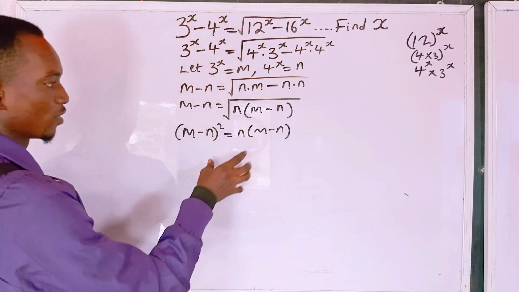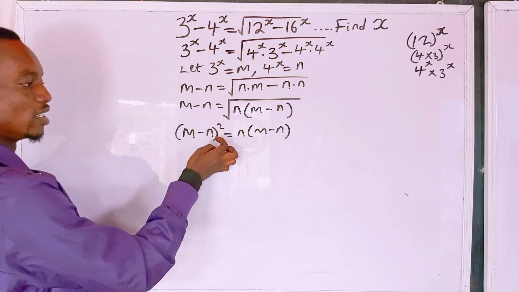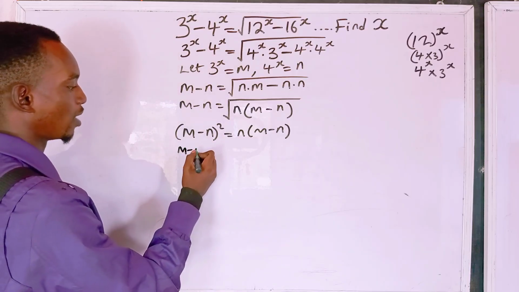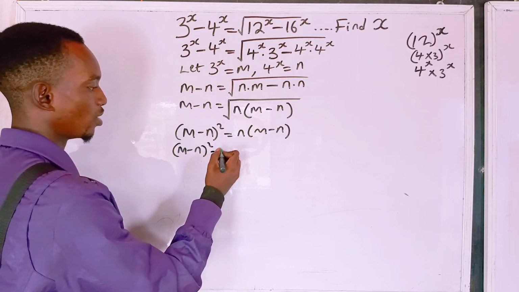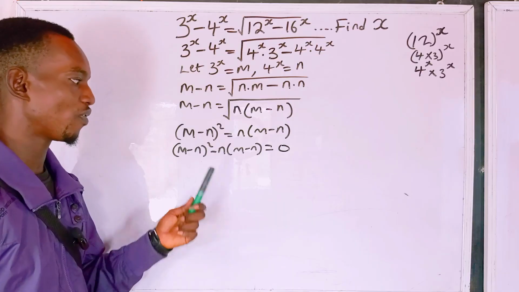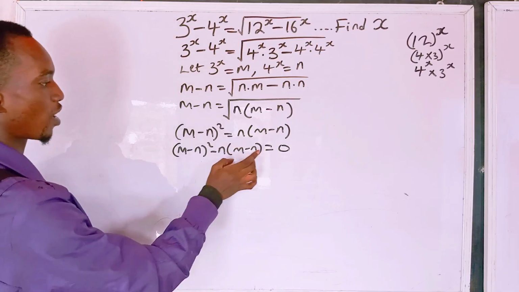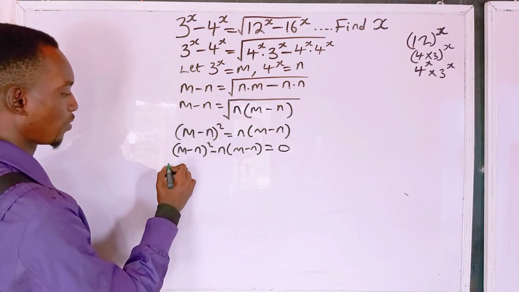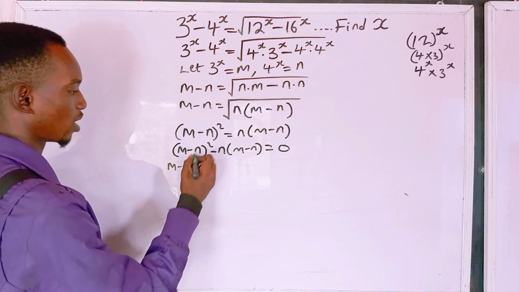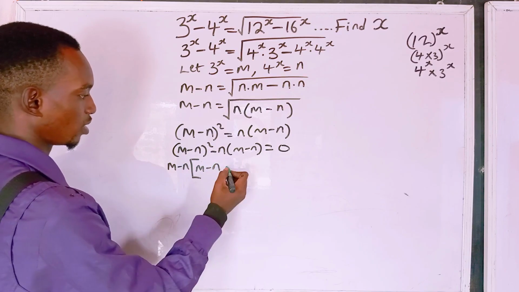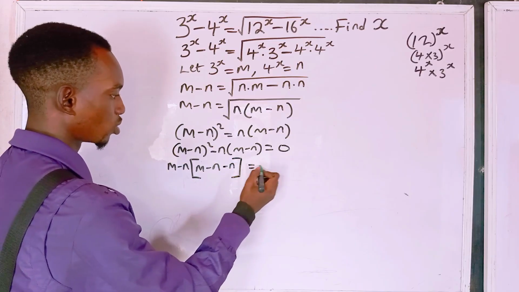So rather, what we're going to do is bring this here so as to have a kind of quadratic equation. So here we have m minus n all squared minus m minus n equals 0. Yes, we can have a quadratic equation here. So now let's factor m minus n because m minus n is common. So here we have m minus n, then in a rectangular bracket m minus n, then this minus n equals 0.